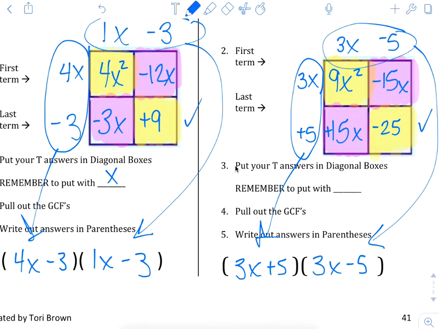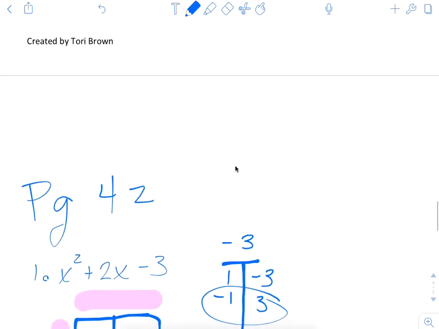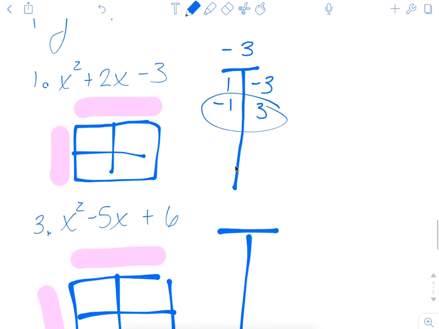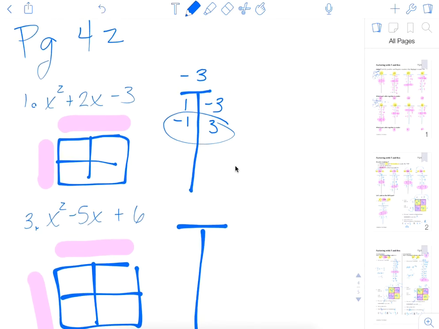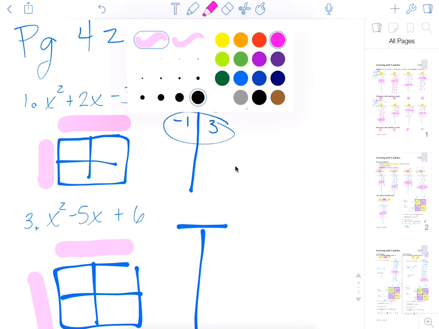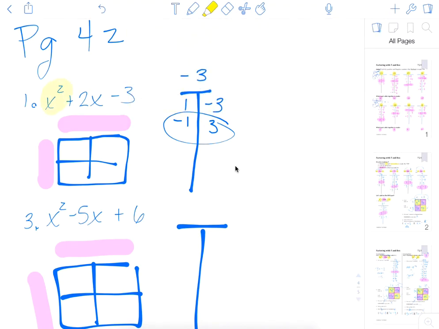Okay, take a second, pause it if you need to, and we're going to talk about what the homework problems look like. Perfect. So if you have already done the first video and you've already worked on the first part of the assignment, your first problem already has this much, okay? So your next step would be to take your first terms and put them in your first boxes.